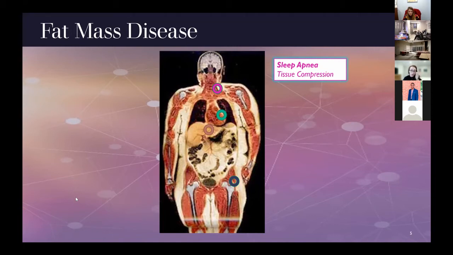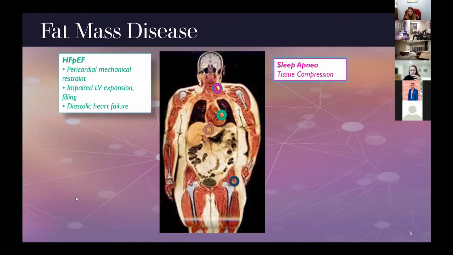Not the inflammatory part of it. Can you contract and expand well if you have something constricting you? No. So it's a big part of diastolic heart failure and impaired relaxation, okay? Which is why obesity is such a multifactorial cardiovascular risk.